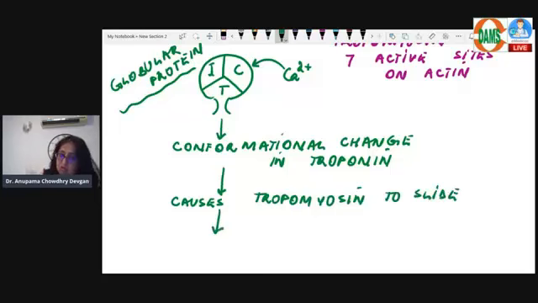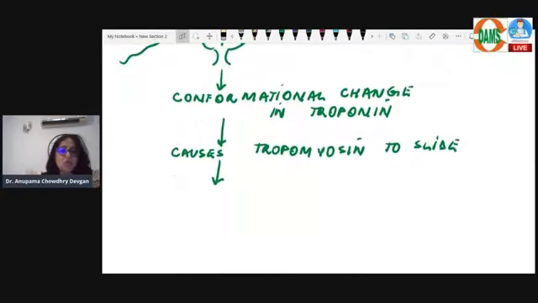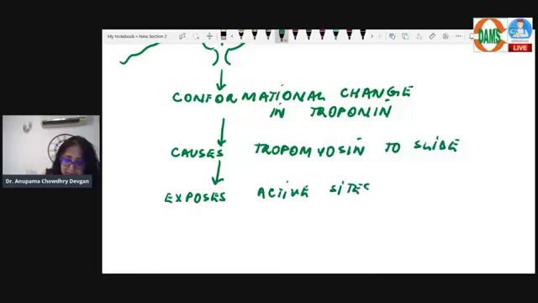And the moment tropomyosin slides, what gets exposed? This exposes the active sites on actin.